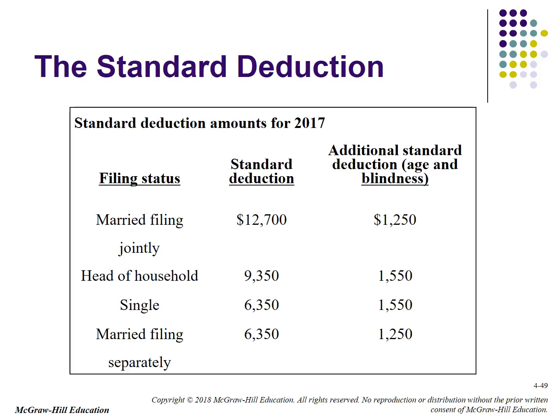To determine your basic standard deduction, you take the greater of $1,050 or your earned income, being how much money you make at your job, plus $350.